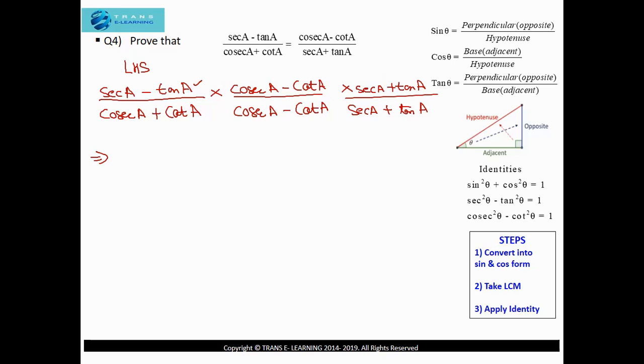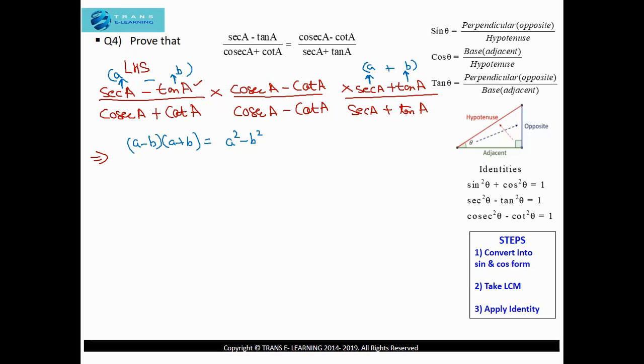Now if we consider secant A as a and tan A as b, this is a and this is b. So if I consider a plus b into a minus b, on multiplying a minus b with a plus b, I will get the formula as a square minus b square.